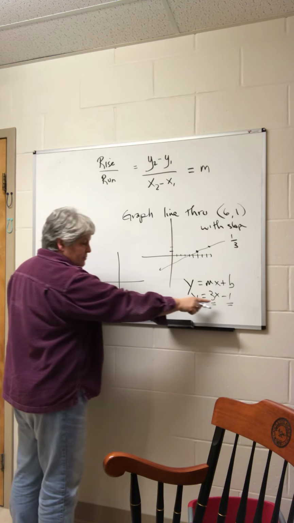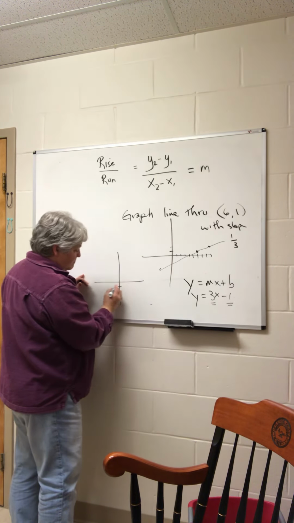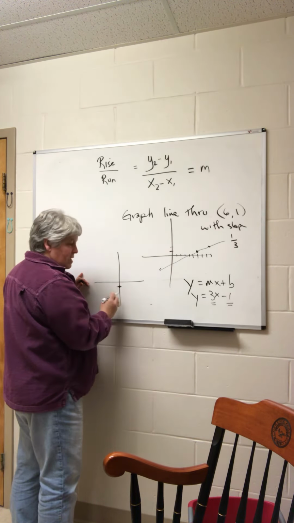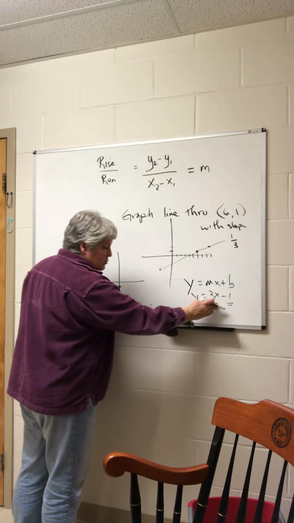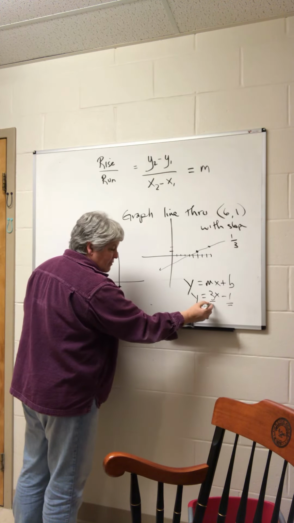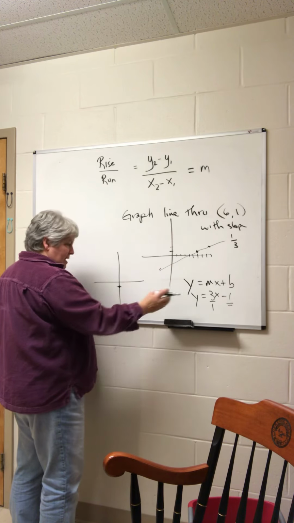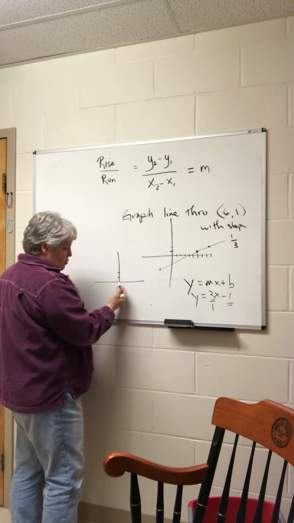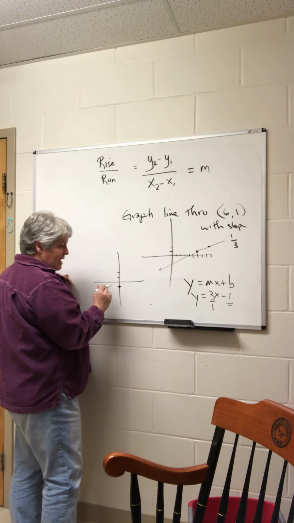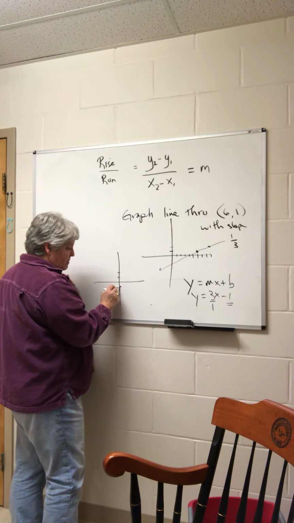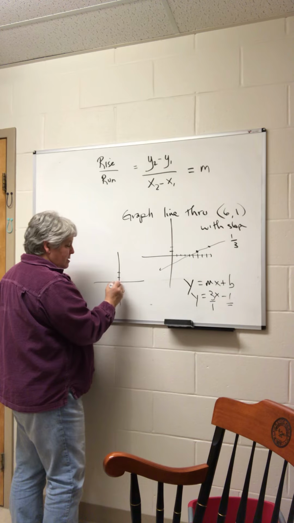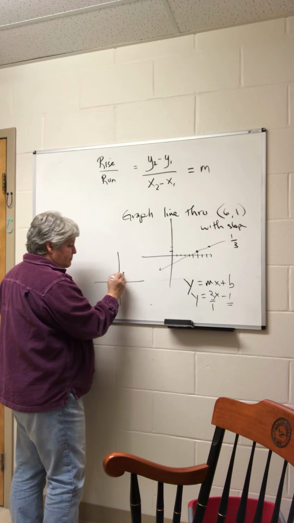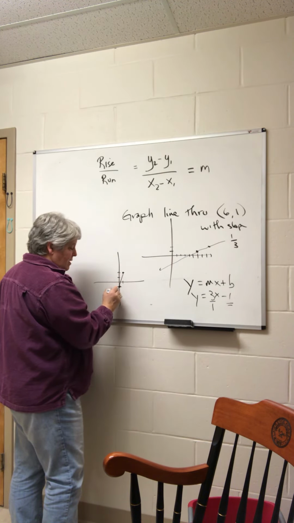Always graph the y-intercept first. And then from here, express your slope as a fraction, and that top number is your rise. So from here, I go up 3, and then sidewards 1, and that's the line.